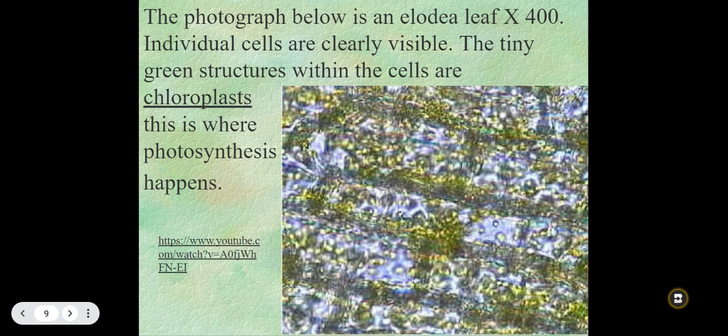So the tiny little green structures that we see within the plant cells are all chloroplasts, and this is where it happens. That whole conversion between carbon dioxide and water into sugar and oxygen happens in every single one of these chloroplasts, and then really it happens in every single one of those thylakoids that you happen to see within every single chloroplast.